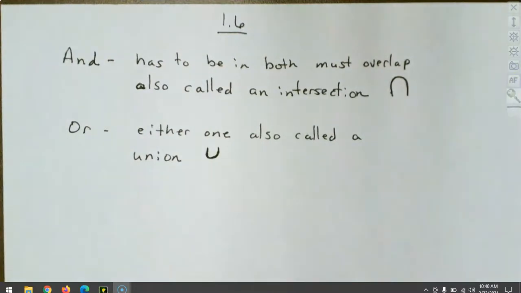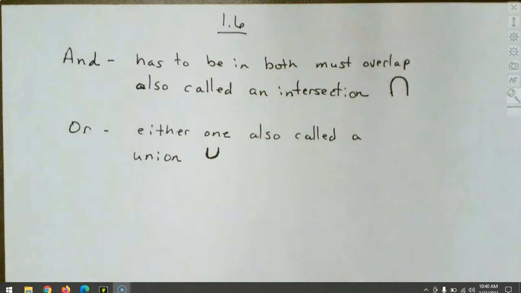When people get married, what happens to their belongings? Well, they all get combined together. So everything goes together. So when you think of or, it's going to be either one. It can be either one, and they're going to be united together. So an or is always a larger one. And is always smaller. And is where they overlap. Or is basically everything put together.